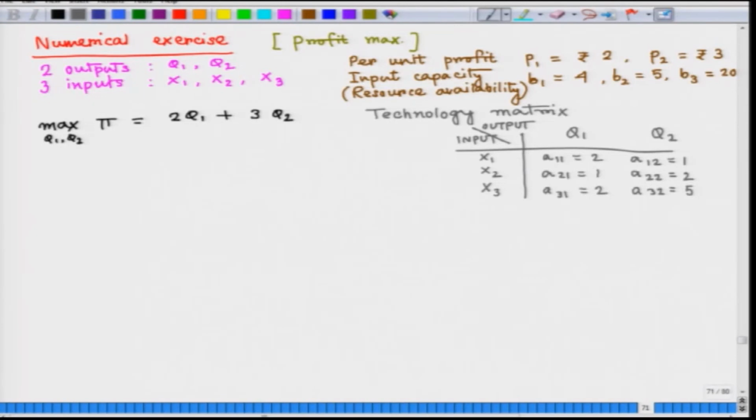So, now if I write down the technical constraints, I will get 3 of them because there are 3 inputs.